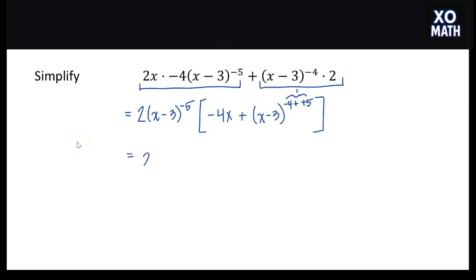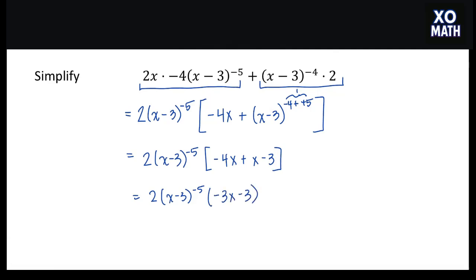So we have 2 times the quantity x minus 3 to the -5th. In these brackets, I have -4x plus x minus 3, since I can drop the parentheses. Inside those brackets now, I can combine those like terms, and that would be a negative 3x. So I have negative 3x minus 3.